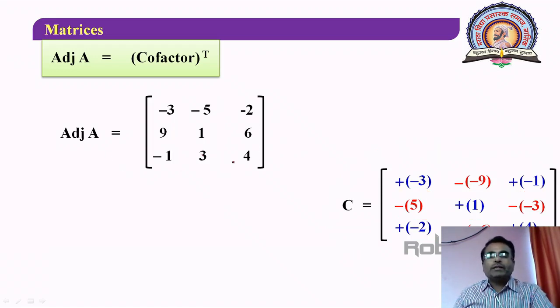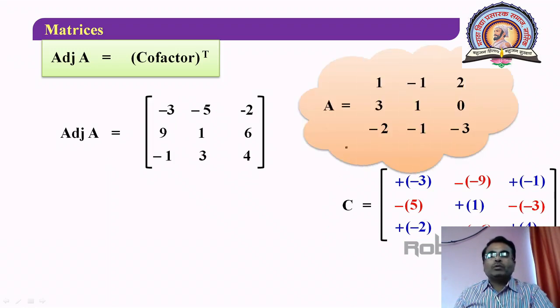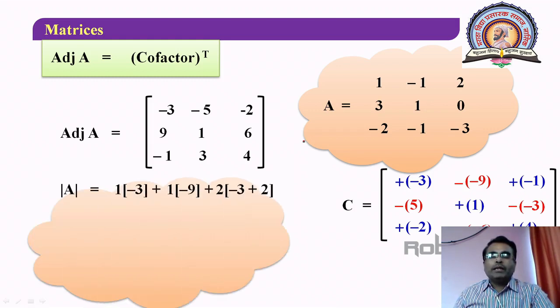Now, once you get this adjoint, then we have to think about, actually this was your original matrix, 1 minus 1 2, 3 1 0, minus 2 minus 1 minus 3, and if you consider its determinant, then determinant of A is equal to 1 into, you have to consider minus 3 and minus of minus 1 into 0. So, minus 3 minus 0, it is minus 3 that will come in here.